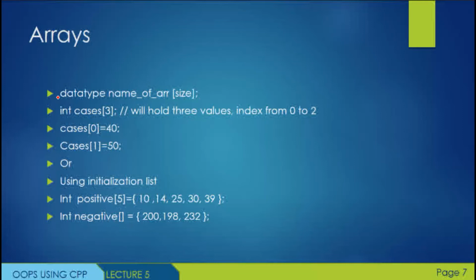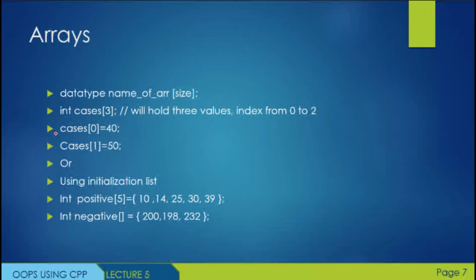So the syntax of the array is: you have to write the data type which it will hold, the name of the array and the size. For the sake of example, int cases[3]. It will hold 3 values starting from 0 to 2.